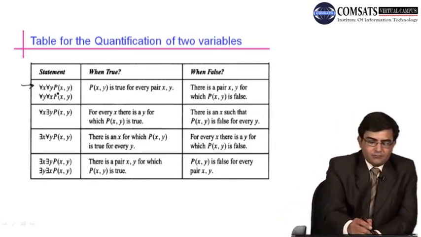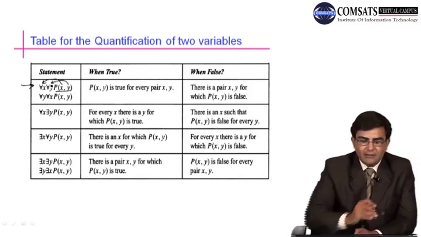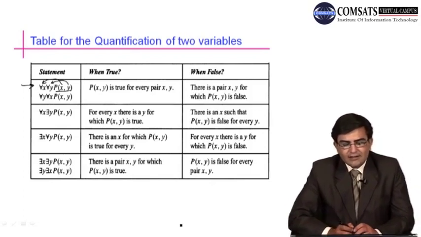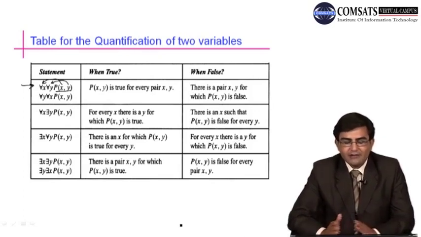Because P is some predicate and x is here for all and y is here for all, this P must be true for all x and for all y. So this statement will be true when predicate P(x, y) is true for all x and for all y, or you can say for every pair x, y.